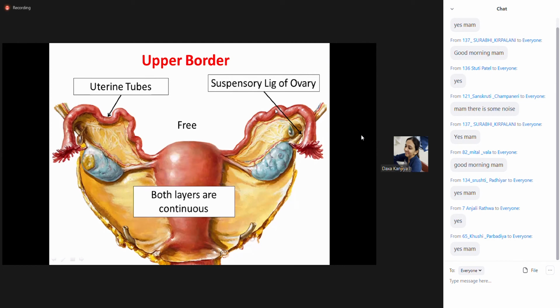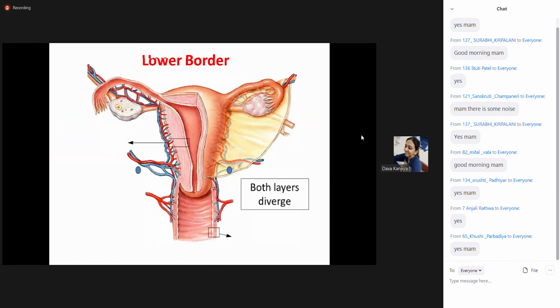So there are two structures present at the upper border: one is the uterine tube in its medial 3/4 part, and the second is the suspensory ligament of the ovary in its lateral 1/4 part. Then the lower border: at the lower border of the broad ligament, both layers diverge. Here you can see this is the posterior layer, and this one is the anterior layer.